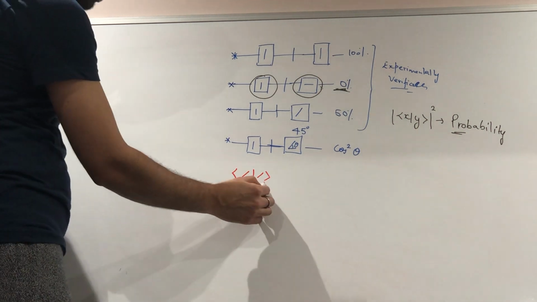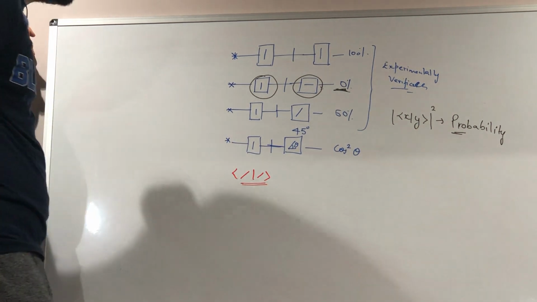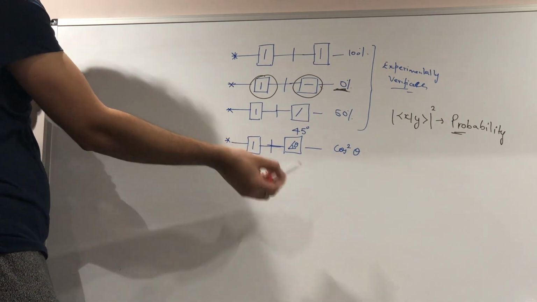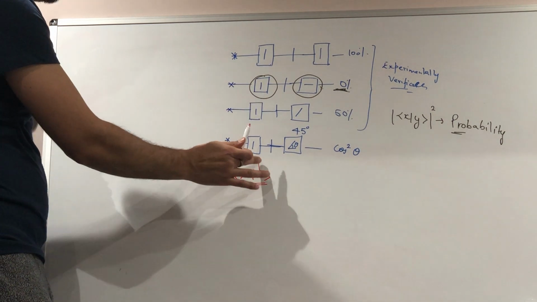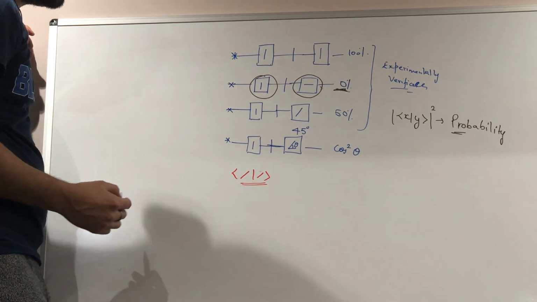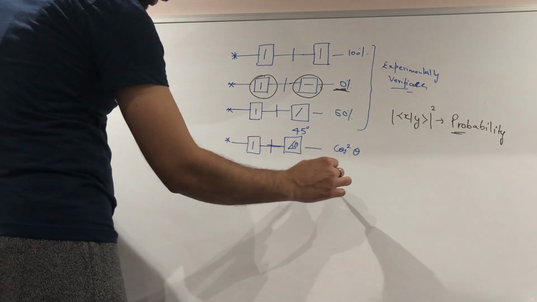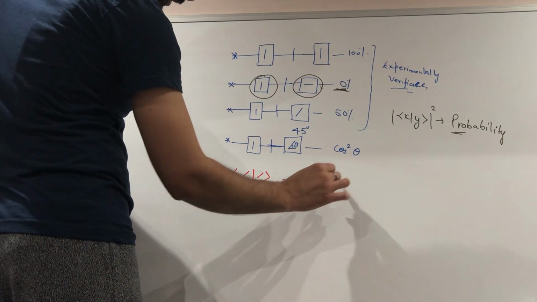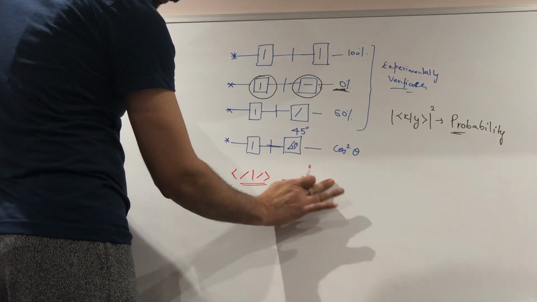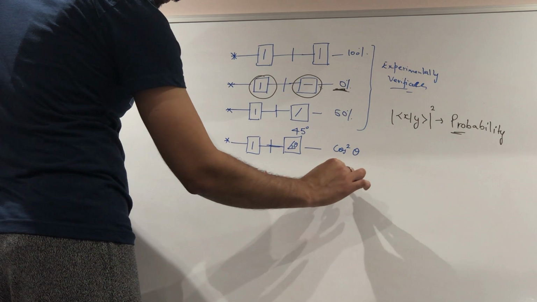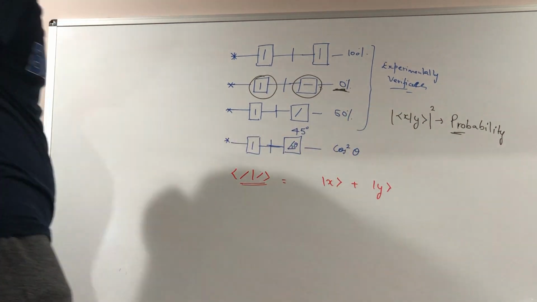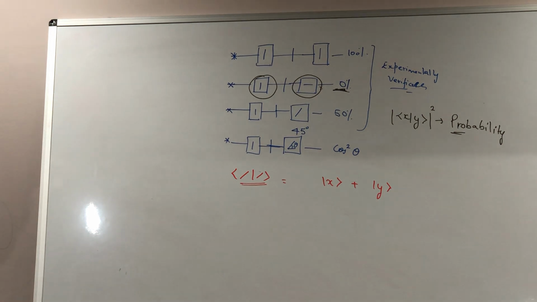So I have to find the probability of getting the output when the polarizer is placed at an angle of 45 degrees or some axis. So this angle represents the 45 degrees axis. I will mention that it is a linear combination of the two states, x and y, like this.